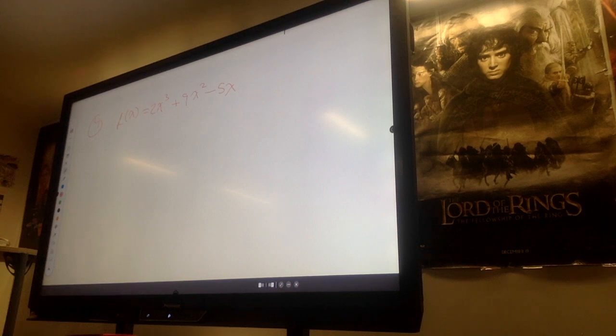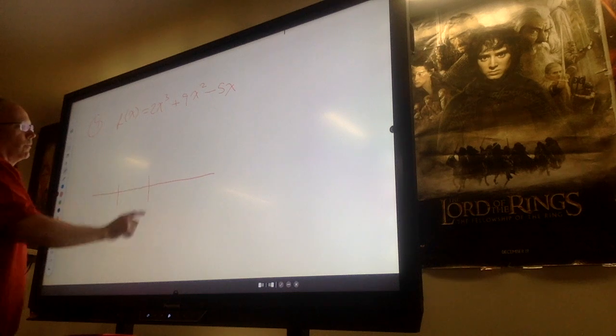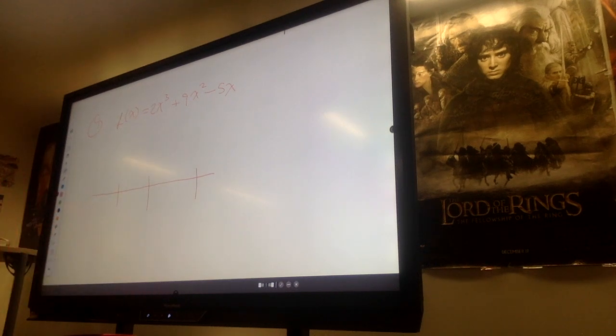All right, so will somebody just use Desmos real quick and tell me anything about the line that you know. I'm not going to graph it, you graph it. Where is a maximum or a minimum or a point of inflection look to be on Desmos?